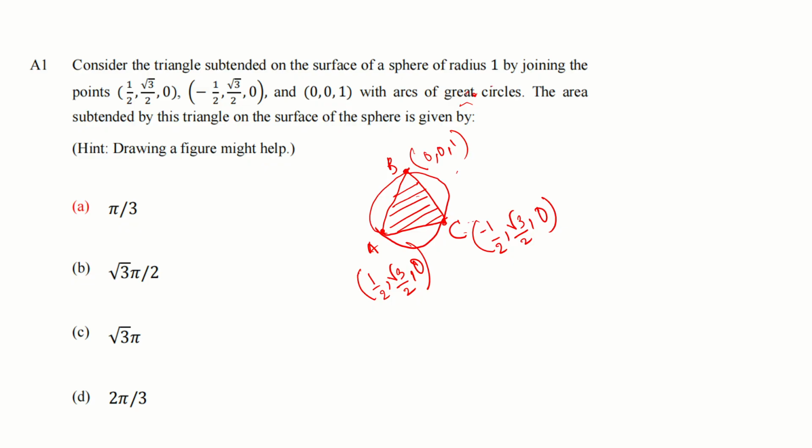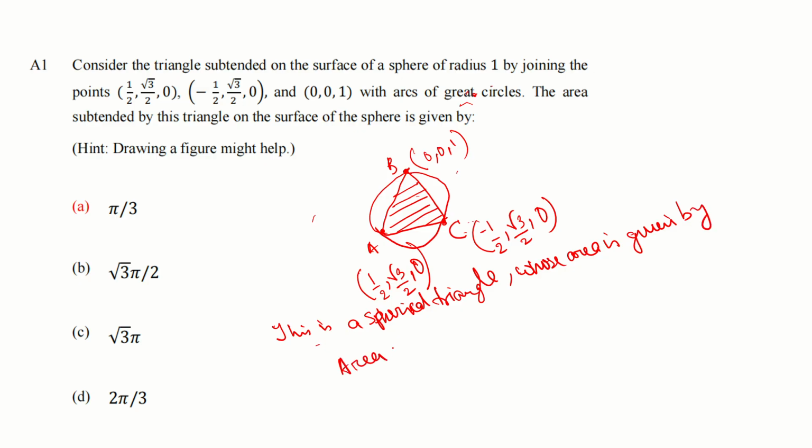This is a spherical triangle, right? Whose area is given by: area E equals alpha plus beta plus gamma minus pi, right?